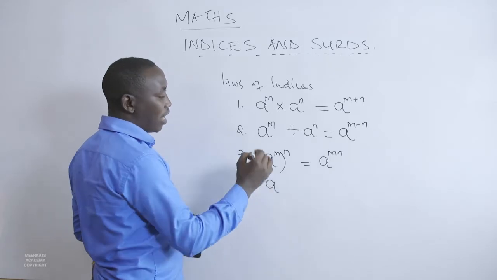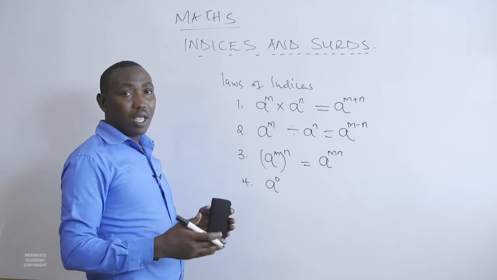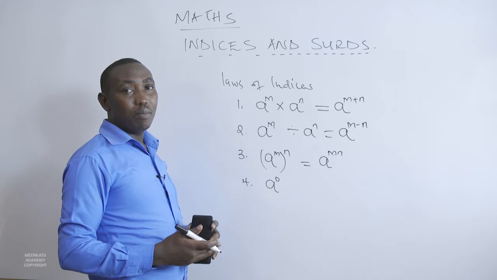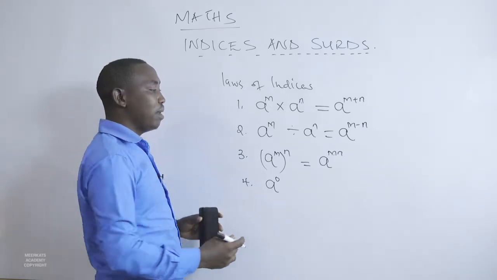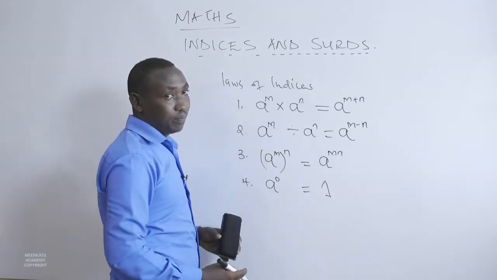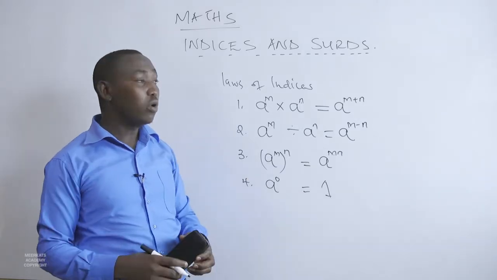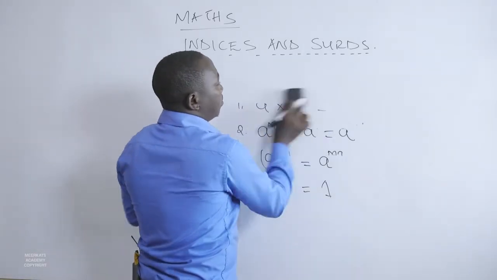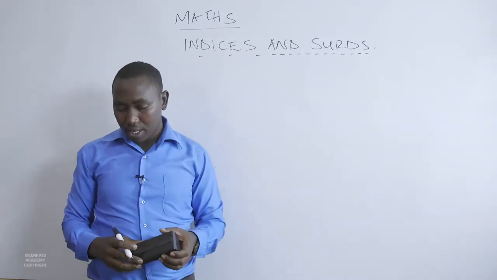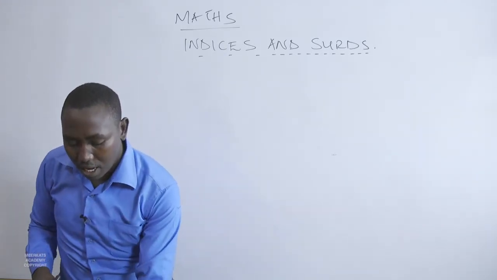So if you have a raised to 0, where a can be any integer, negative, positive, going up to the maximum and minimum, then this results to 1. So today we are going to look at how we can extend our knowledge of those particular laws.